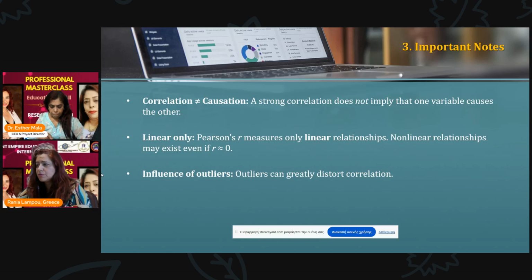Do not confuse these two terms. Linear only: Pearson measures only linear relationships. Nonlinear relationships may exist even if the coefficient is 0. And outliers can greatly distort correlation.